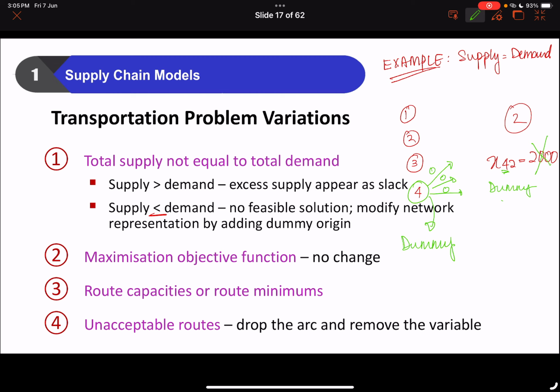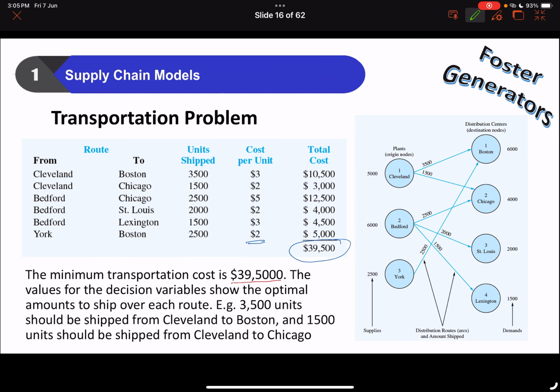So let's say, for example, in the Foster Generator problem, from York to Boston, the route can only accommodate, or we can only ship, 1,000 units between York and Boston.